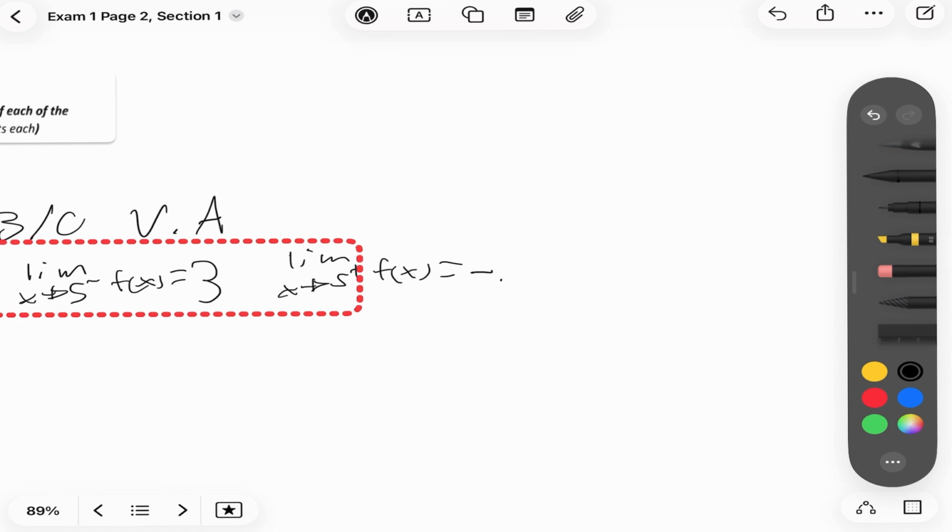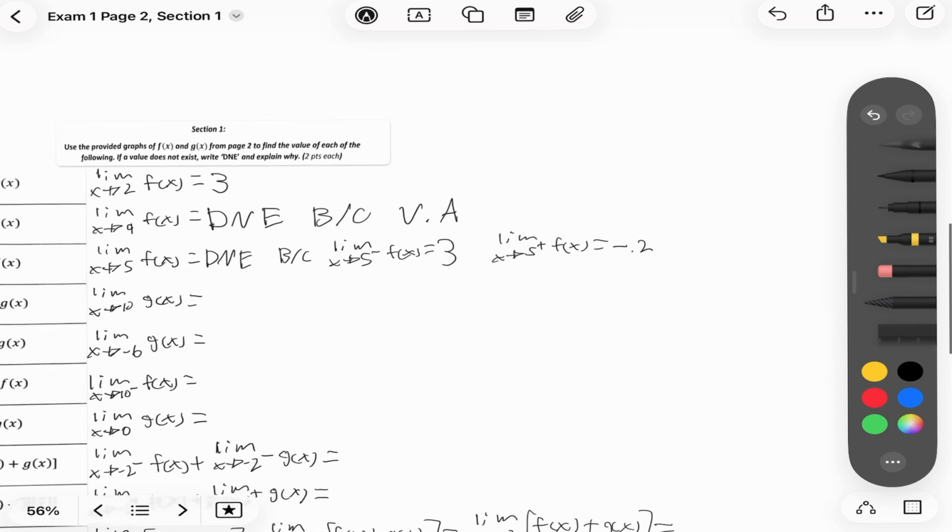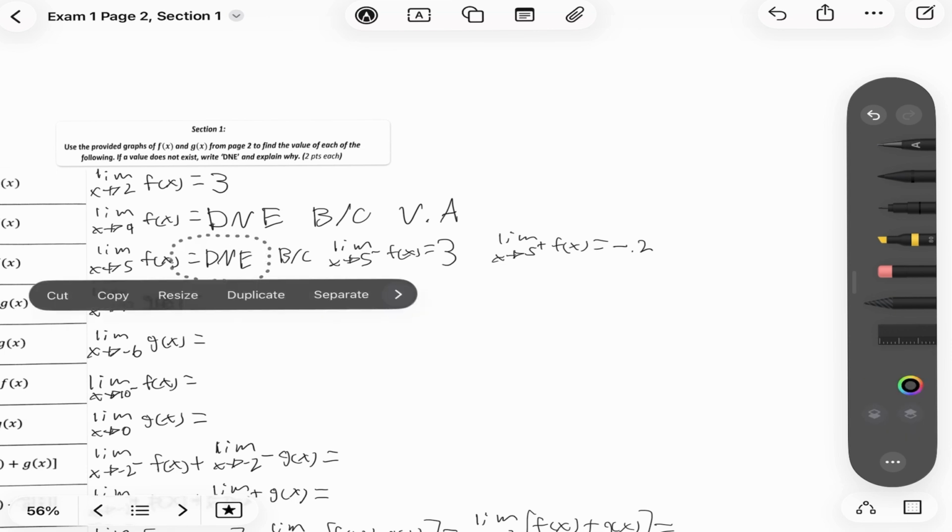Because these have different values, our answer will be does not exist.